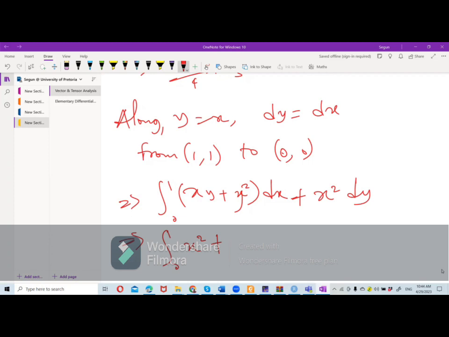What is y squared? Y squared is the same thing as x squared plus x squared. We know that y is equal to x. Anywhere you see the y, substitute it to be the x.